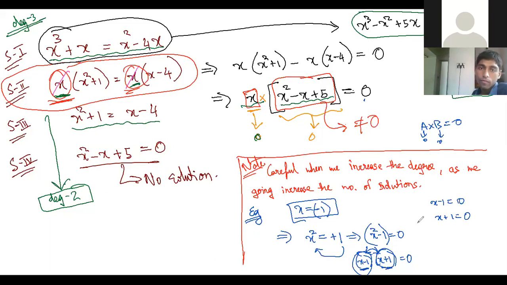No, sir, that's not possible. So in this case, either x +1 is 0 or x -1 is 0. In other words, this has two solutions. What are the two solutions? x is equal to ±1. What has happened, my dear friends?